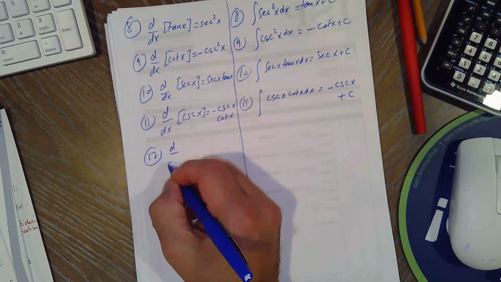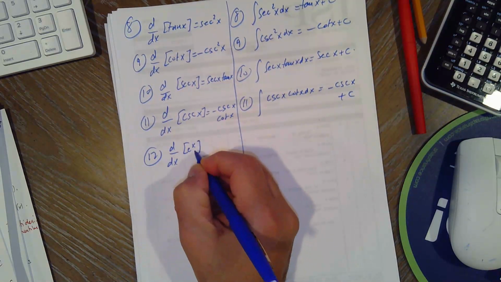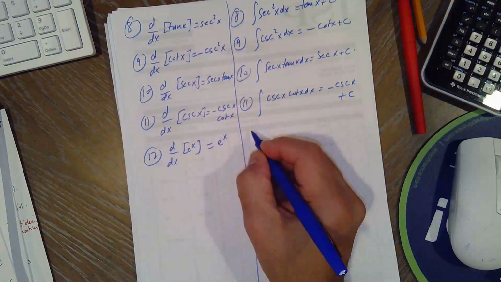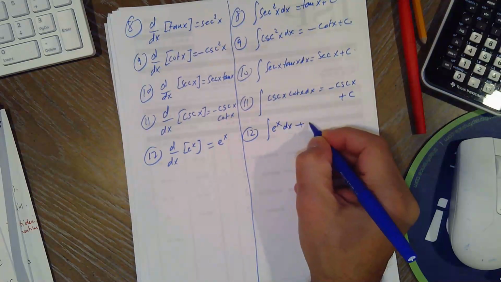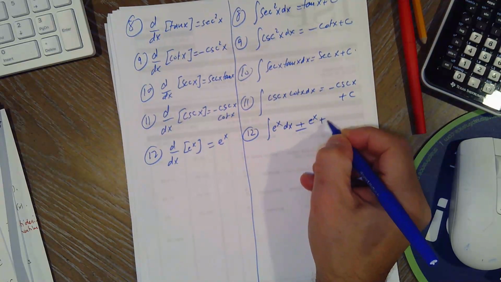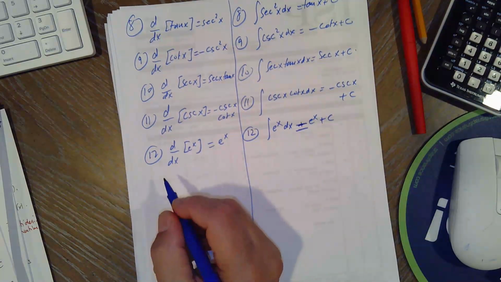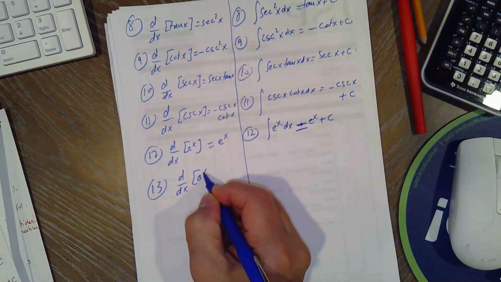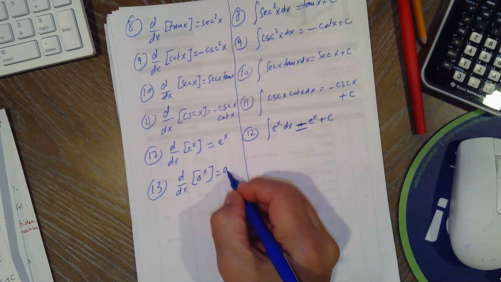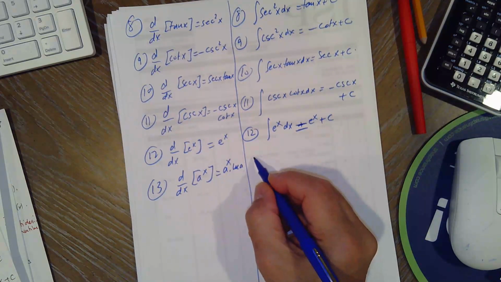We know that the derivative of e to the x is e to the x. The antiderivative of e to the x is e to the x plus c. And the derivative of a to the x, where the base is not necessarily e, is a to the x ln of a.